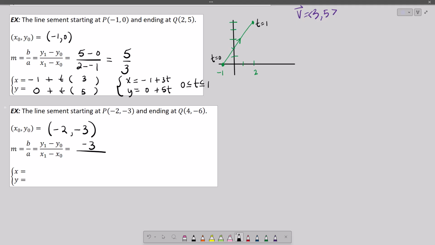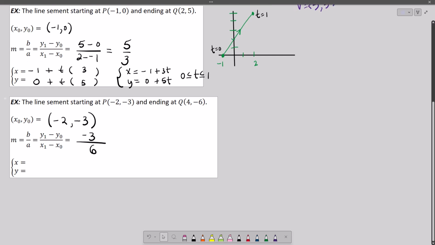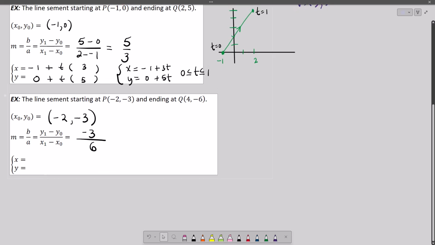Change in x, 6. Everyone okay with that? So we could reduce that. We've got to be a little careful though. So let's watch what happens. Our instinct is to reduce it, of course. The slope is -1/2.